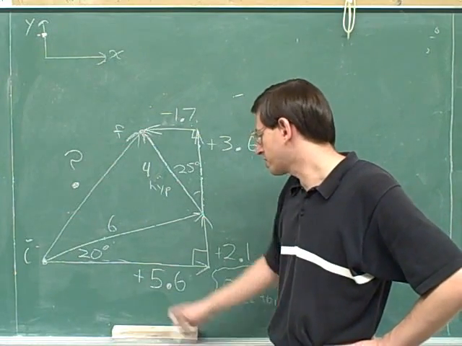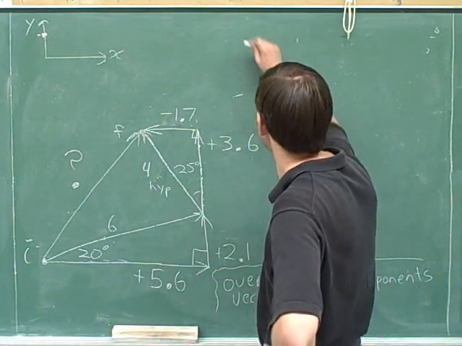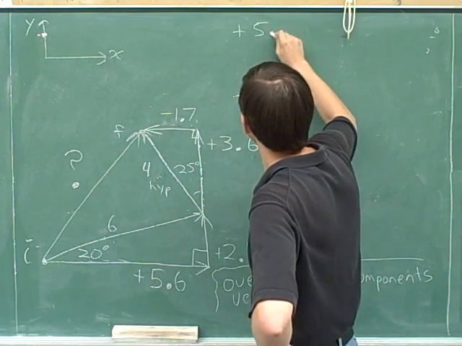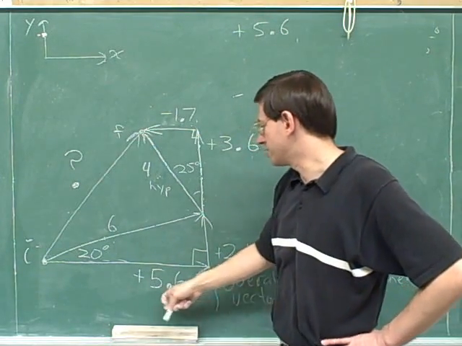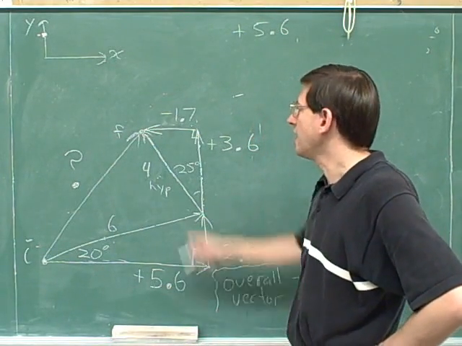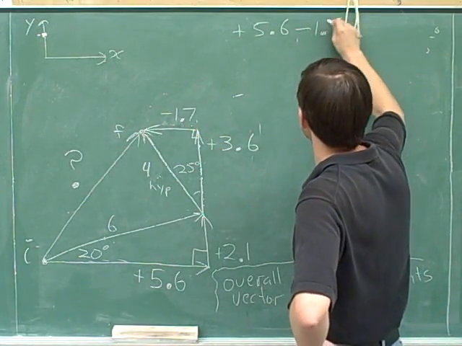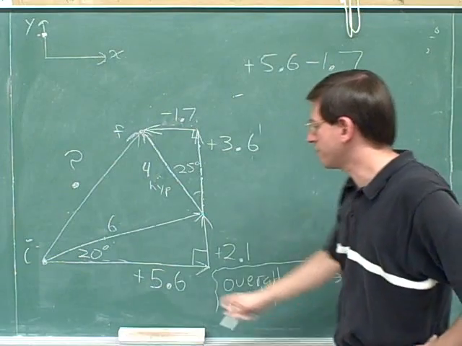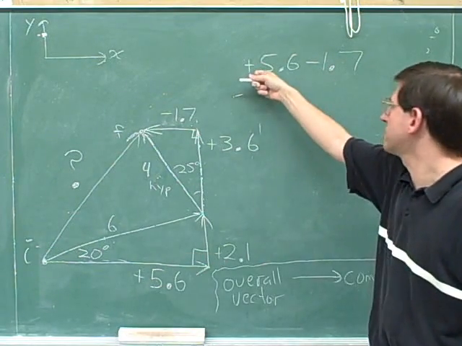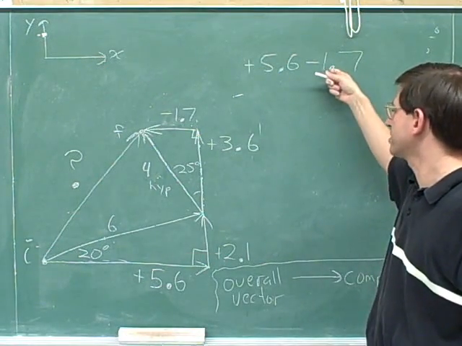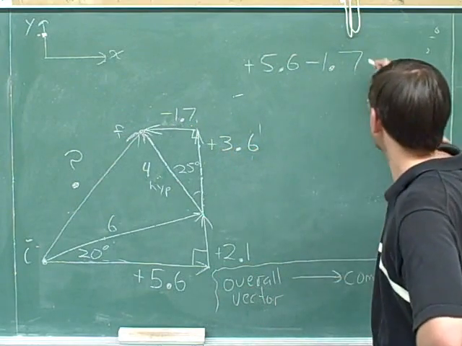Initially, we walked 5.6 meters in the positive horizontal direction. And then we walked 1.7 meters in the negative horizontal direction.